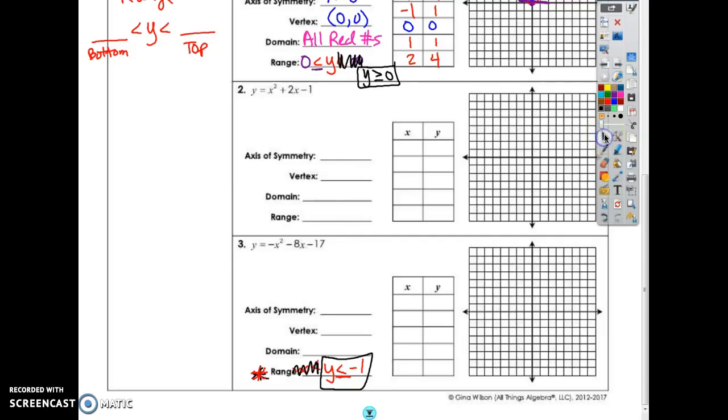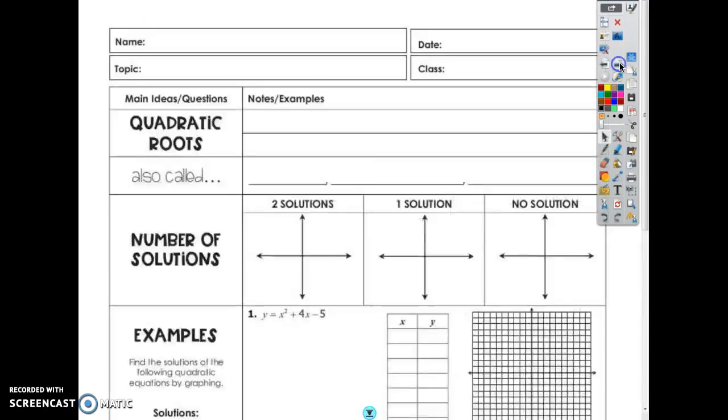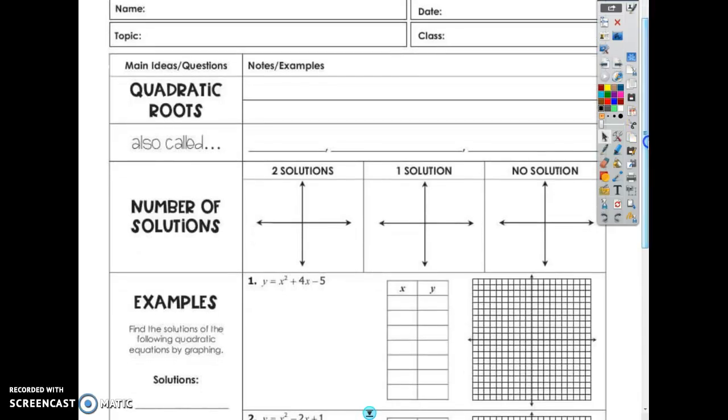Let's go to the back page. The back page, I'm only going to do some notes. Okay, quadratic roots are the X-intercepts.